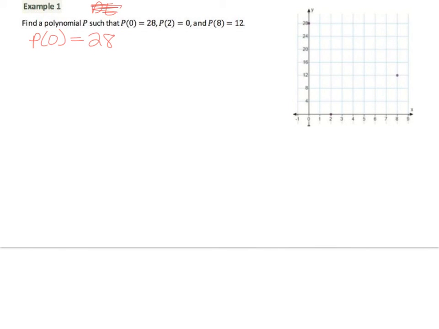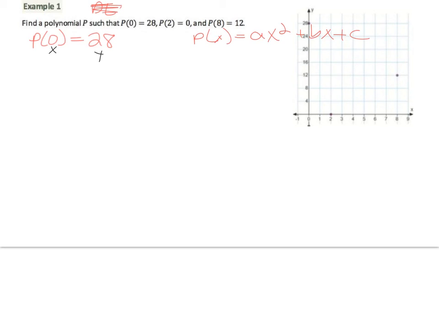I'm plugging it into p of x equals ax squared plus bx plus c. Okay, we actually don't need this graph. And so let's just look at this. So remember, we have this being our x and this is our y. So let's go ahead and plug it in.